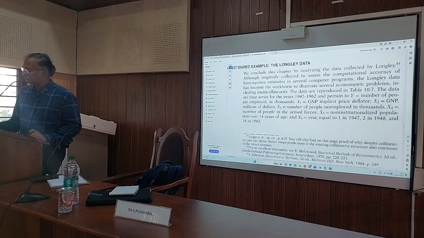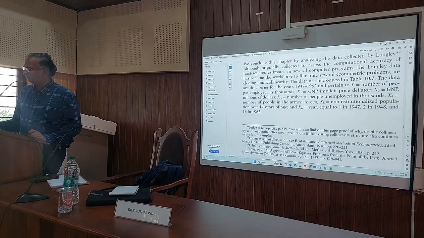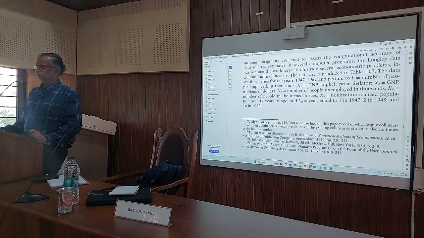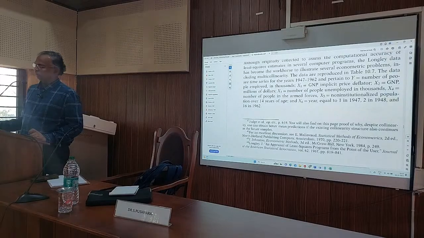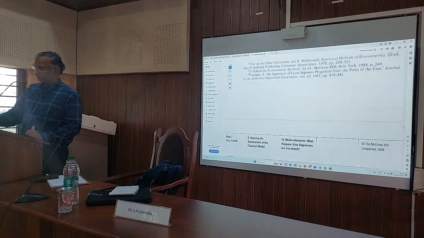I don't know actually what significance it has. The fourth variable is people employed in armed forces, and people in the age group above 14. So these are the variables included. The first model is run.